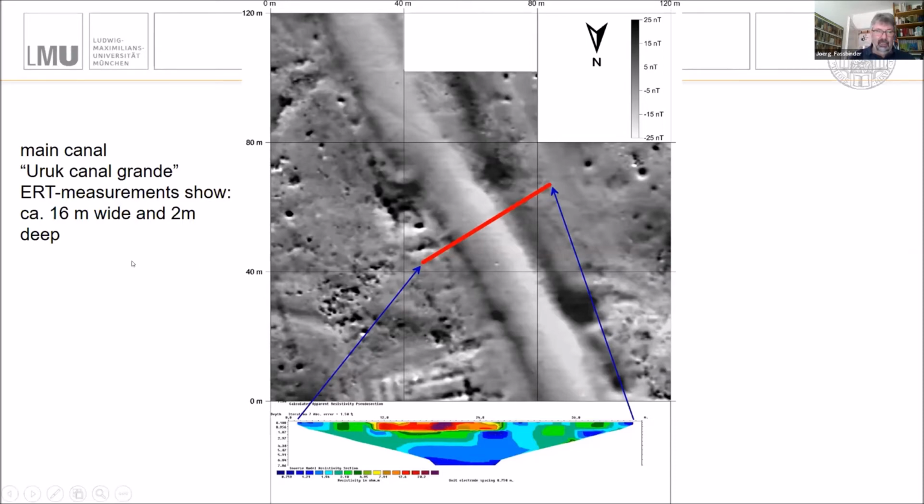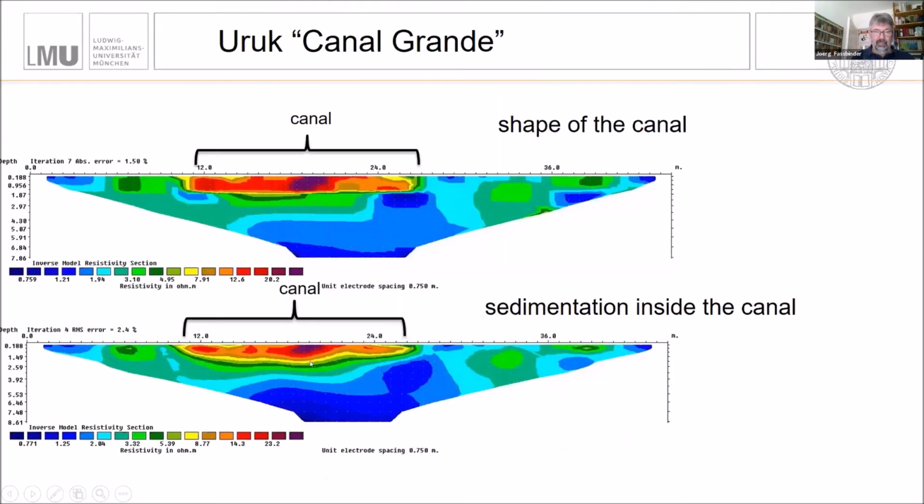The width of the canal is at least, roughly, 60 meters wide, and the depth of this concrete is at least 2 meters. We can also use other processing of this ERT data.